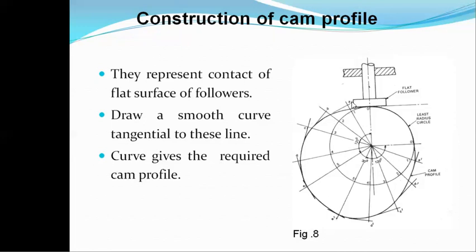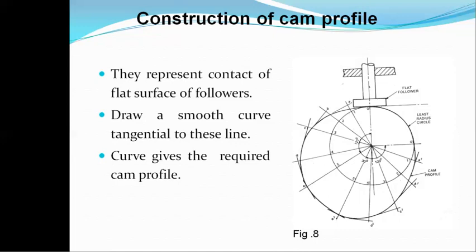And draw perpendicular lines at each point by marking 1A from the displacement diagram, 2B, 3C, etc. from the displacement diagram, and draw a line tangent to these perpendicular lines, which gives the cam profile for the given flat faced follower and given angles. The curve gives the required cam profile.